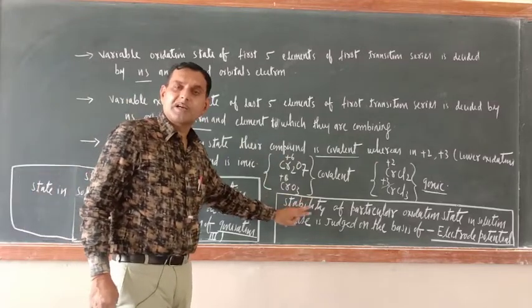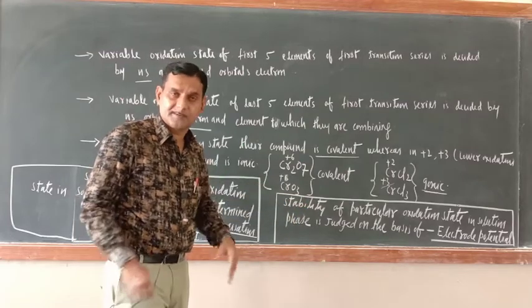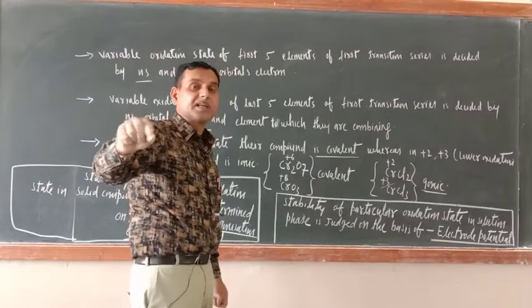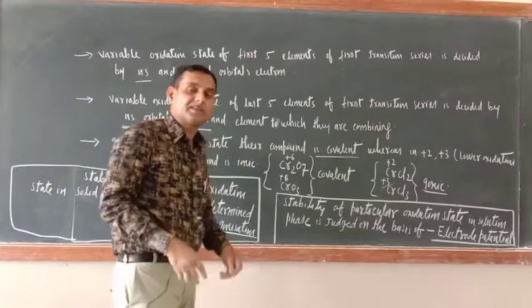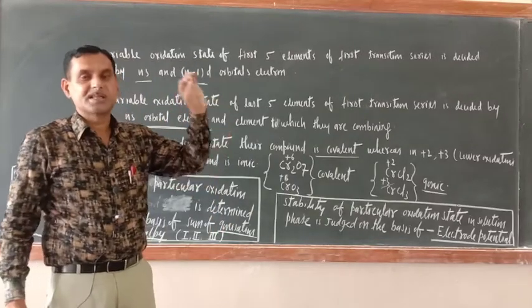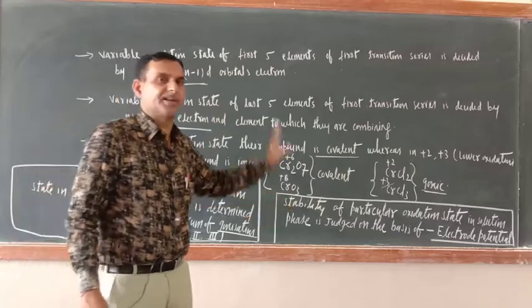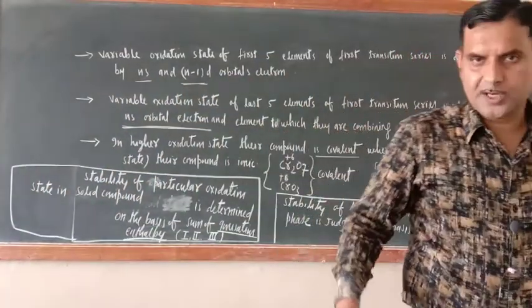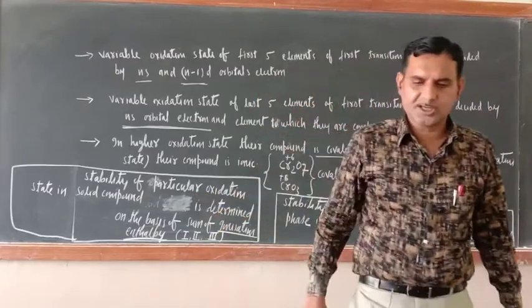The stability of a particular oxidation state is determined on the basis of electrode potential. Electrode potential should be more negative, and in turn electrode potential depends upon three types of energy: sublimation, ionization and hydration. Okay, I hope that you have got this one. Now there are so many questions related to this one. First point, in solid state.